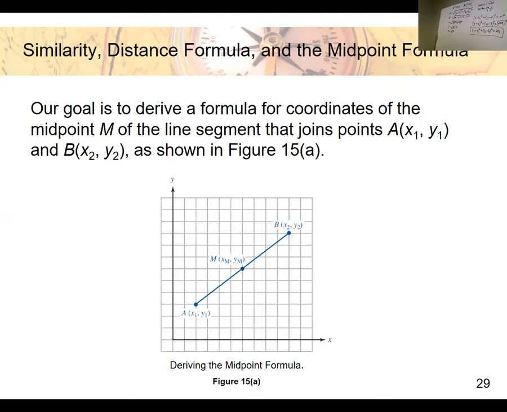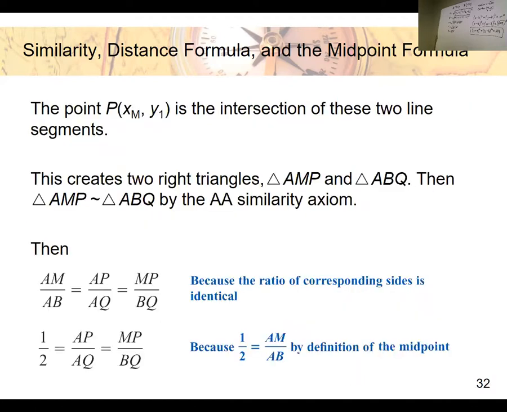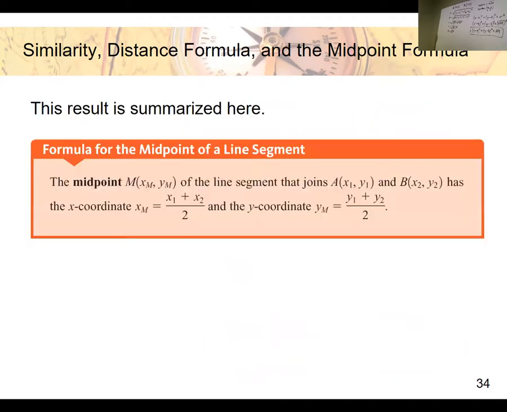And if you were given 2 points A and B, and you want to find the midpoint, here's how you'll find it. They labeled the midpoint as M, which is going to be X sub M, Y sub M, of a line segment joining A and B, where A is X1, Y1, and B is X2, Y2.